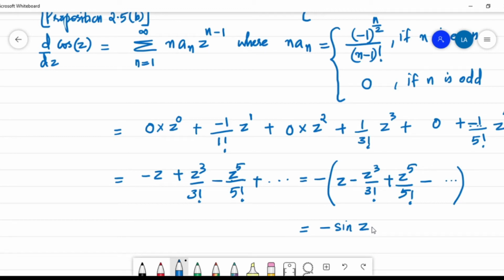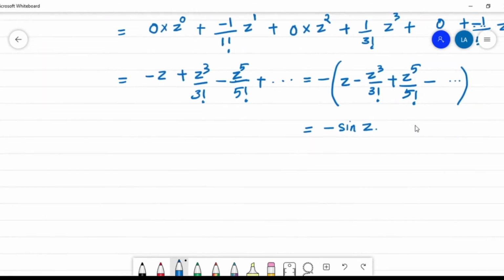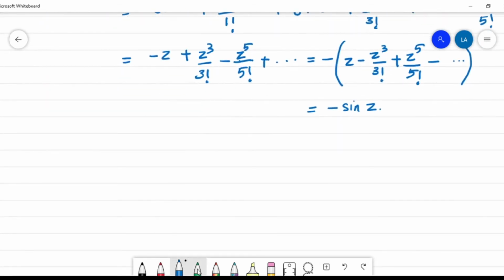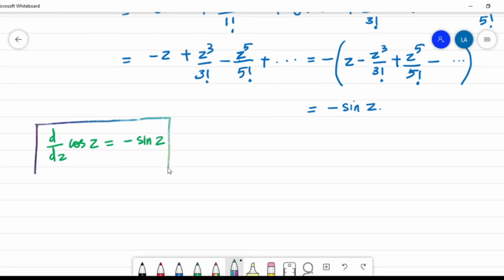So this is one important analogous property we are getting in complex analysis, which is d by dz of cos z is equal to minus sine z. We know that this is obviously true in the real sense, and we just proved that it is true in complex analysis for cos z.